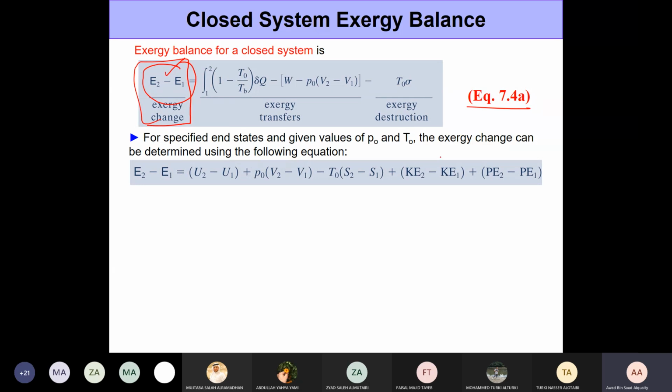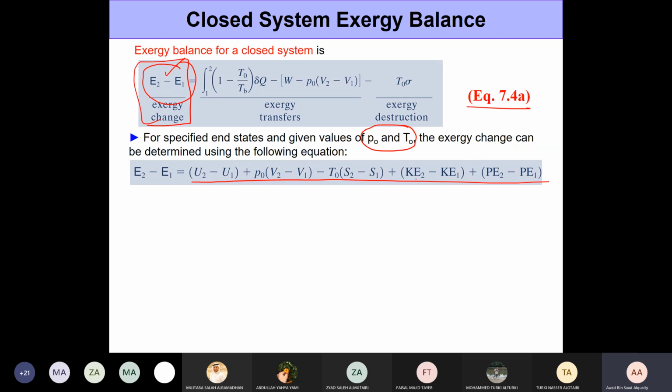Once you know the pressure and temperature for state one and state two, and also the environment is defined in terms of the pressure and temperature, P naught and T naught, then the exergy change between these two states is simply equal to this formula, right? This is basically what's coming from the formula for exergy.